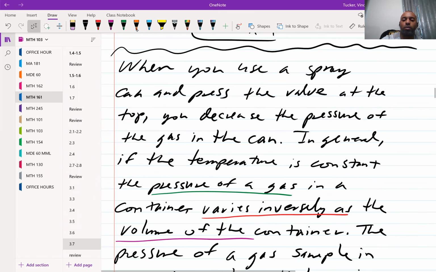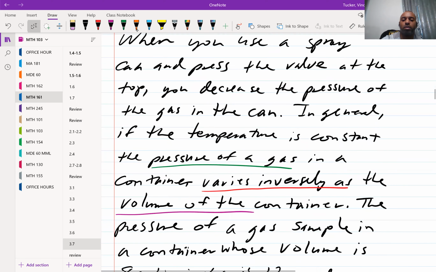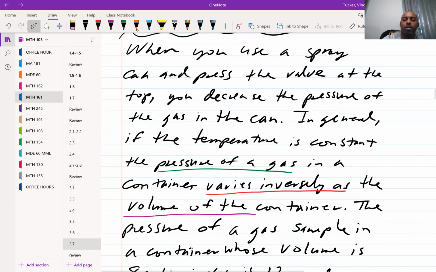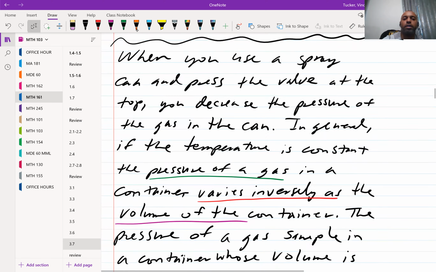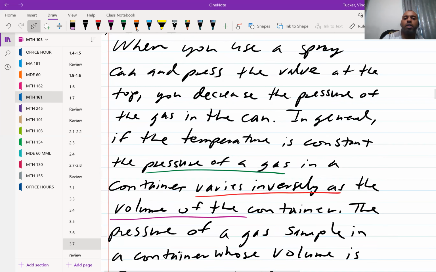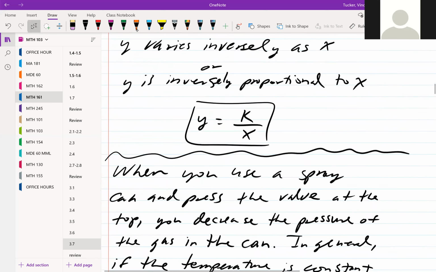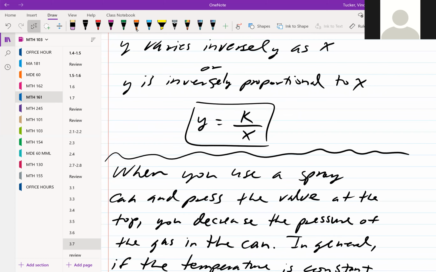As always, if I scroll up too fast, let me know. So, you can back up. I didn't finish writing inverse variation.